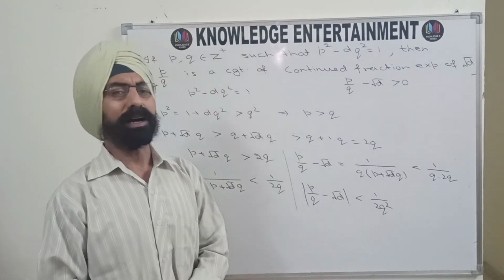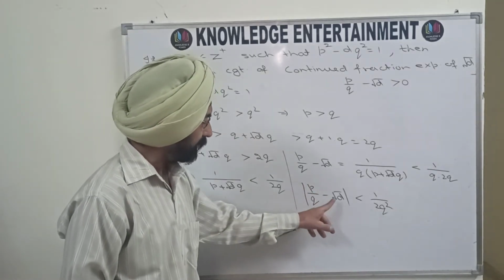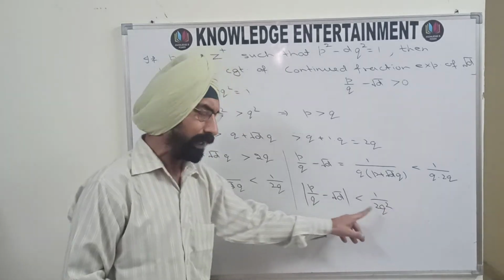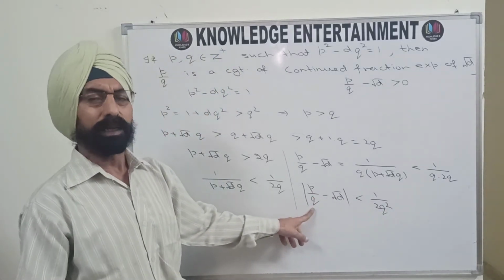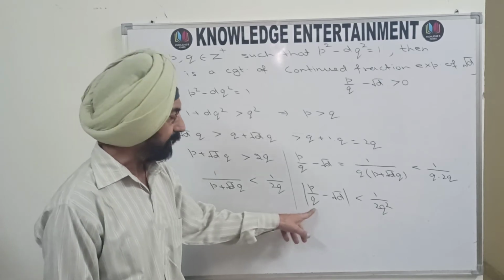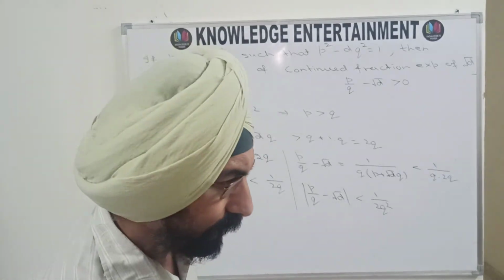And by the lemma which we have just proved, if p upon q minus root d is less than 1 upon 2q squared, then p upon q must be some convergent of the continued fraction expansion of this root d, which was required to be proved in this theorem.